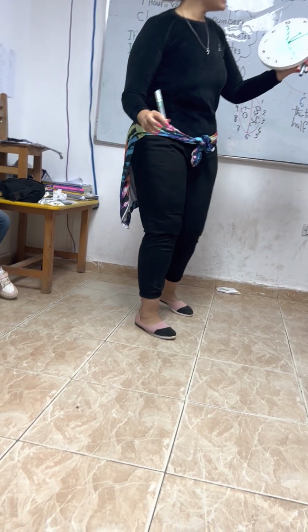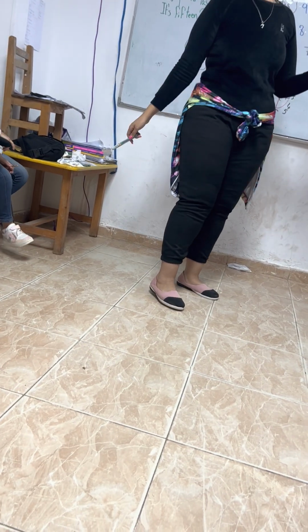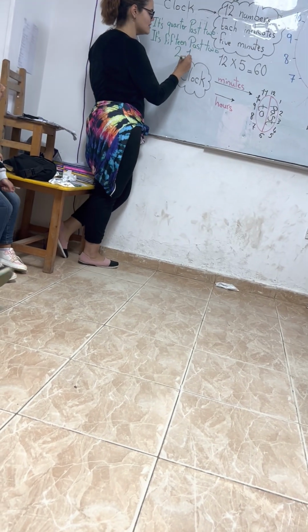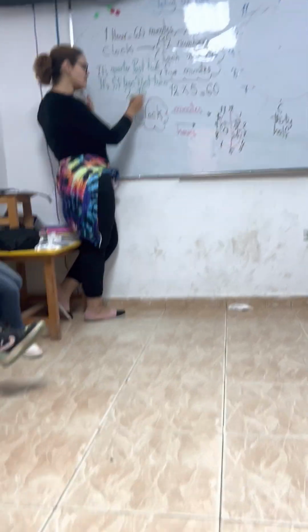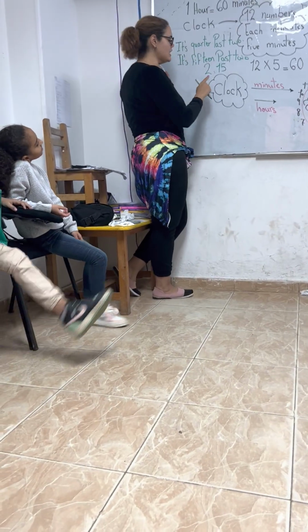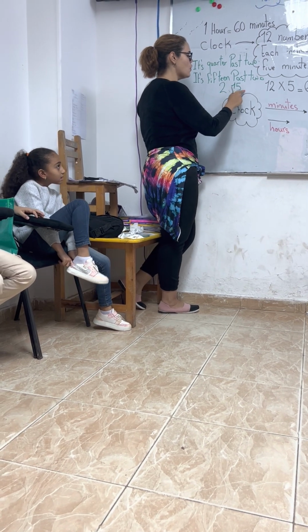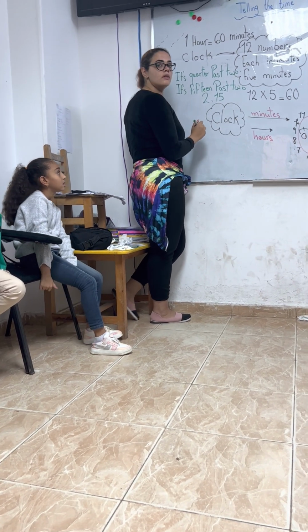Or I can say it's 2:15, like this. Because you know it's 2 and how many minutes? So I can read it like digital. I'm going to say it's 2:15, or 15 past 2, or quarter past 2. Okay?